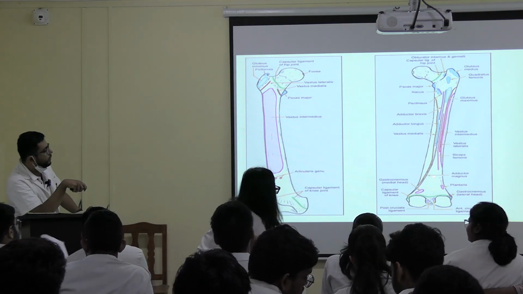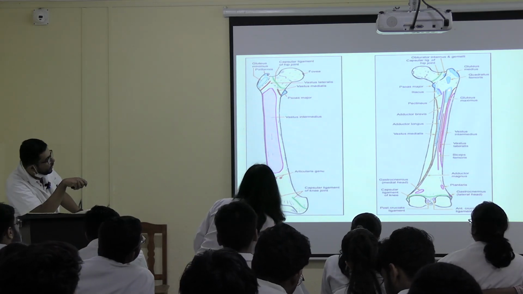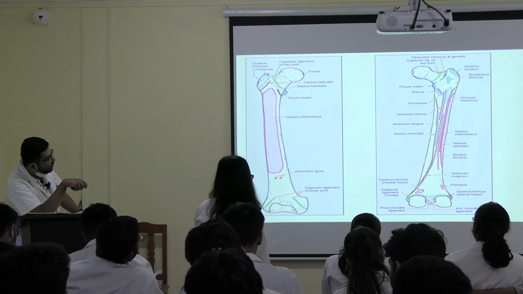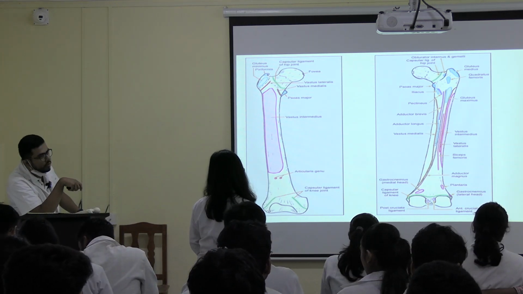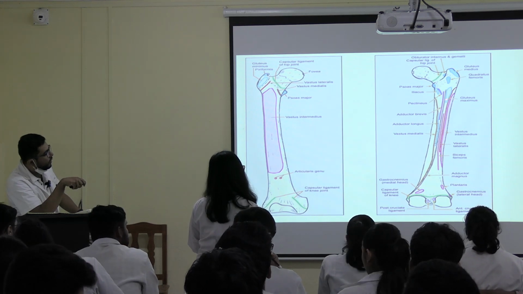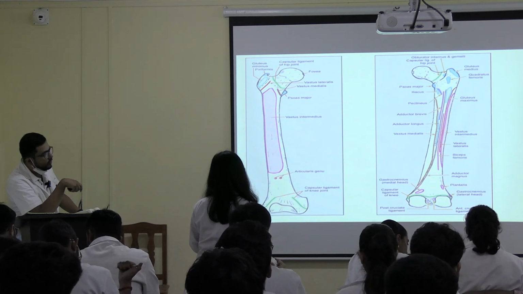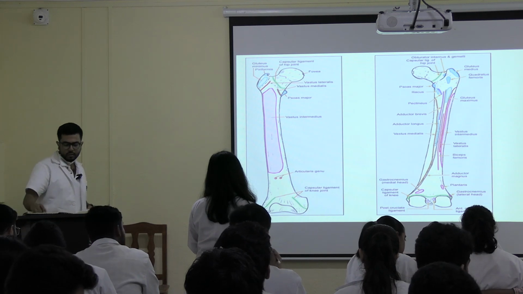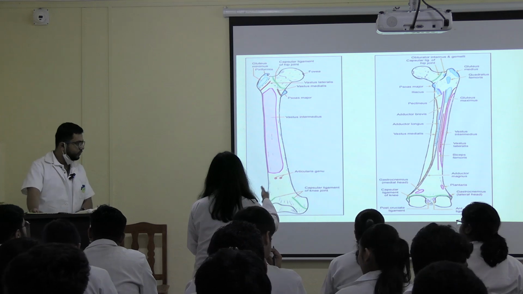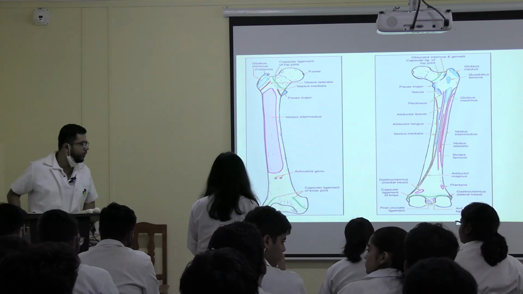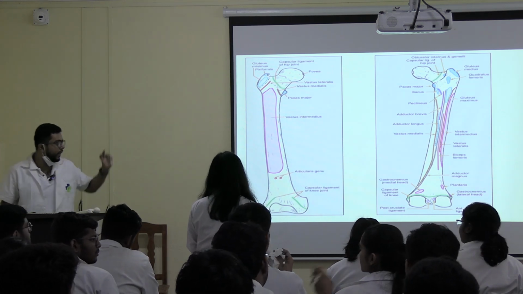This is adductor magnus, starting from here, coming down up to this part. Make a guess, where is adductor magnus attached? In the lower part, in the middle supracondylar line.